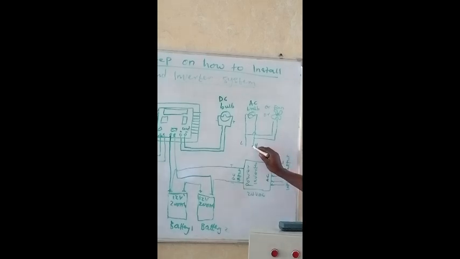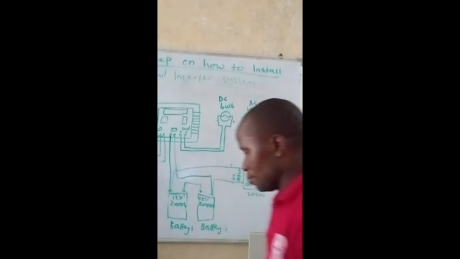So this neutral now will come straight to the inverter, which will supply it, and this live comes straight to the live terminal.